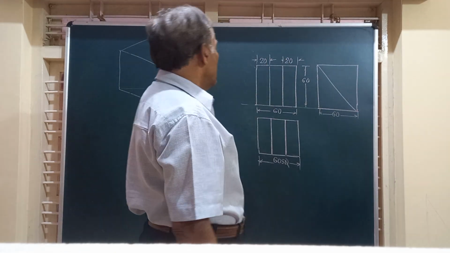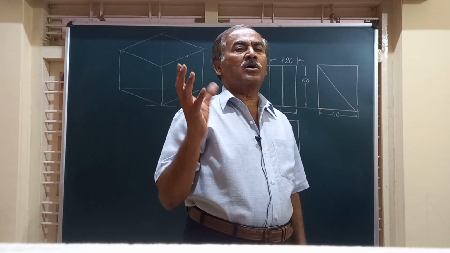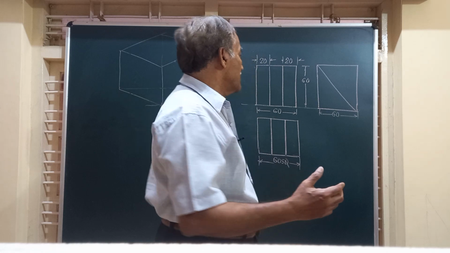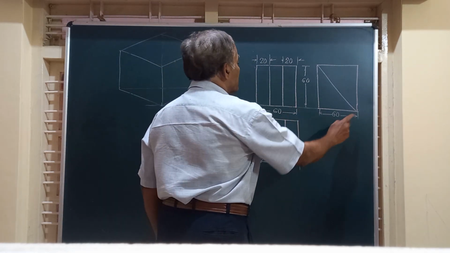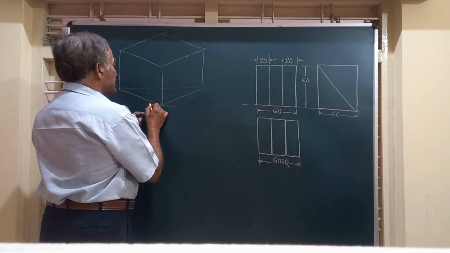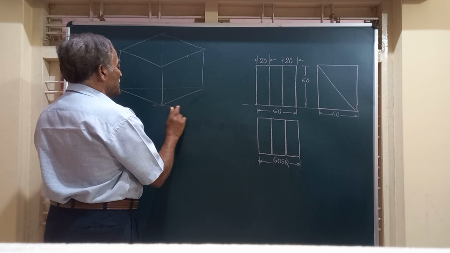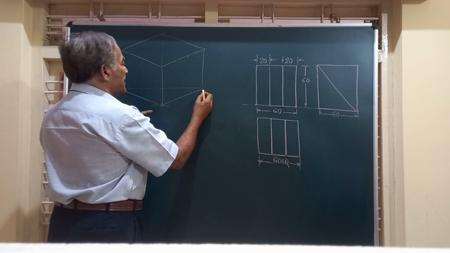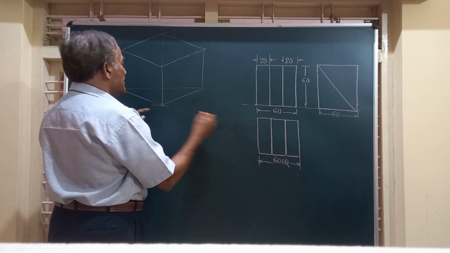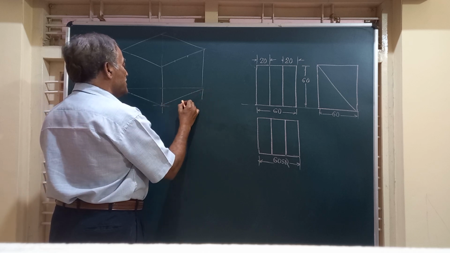And now friends, let us construct a cube on the isometric axis using the dimension of 60 millimeter. That is to say, friends, I will just write a line, and on this line I mark a point. From there, I take these dimensions as 60 on all the sides. So, height is equal to 60.